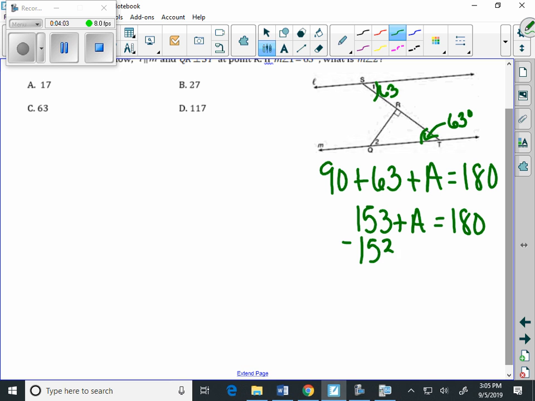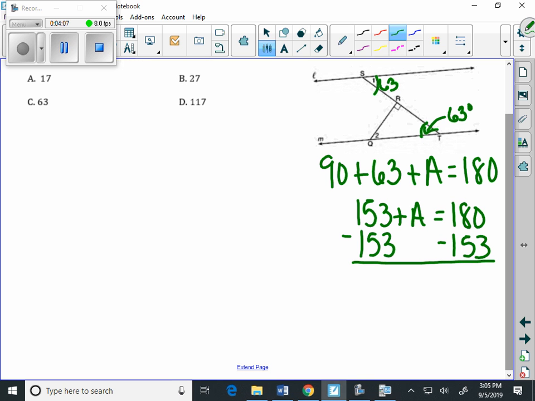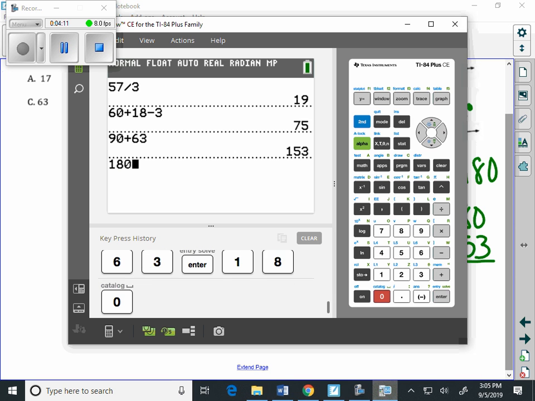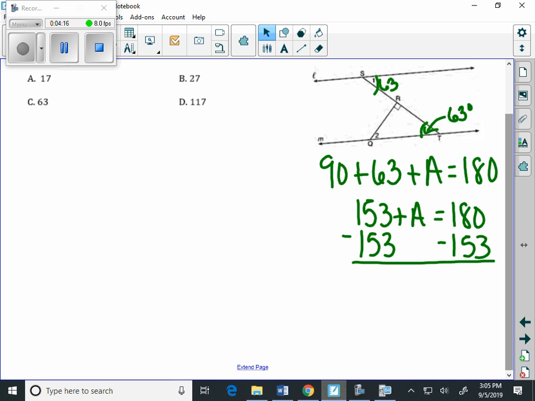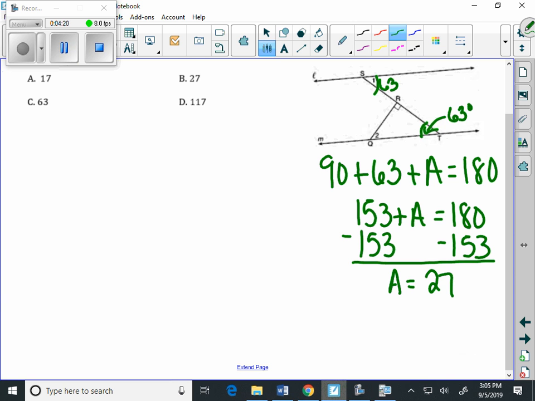If we subtract 153 from both sides, then what we end up with is 180 minus 153, which gives us 27. And that's what we're looking for over here in our answers. B is 27.